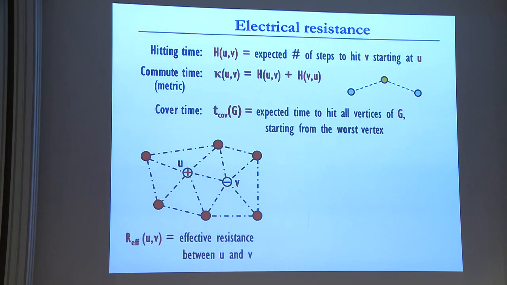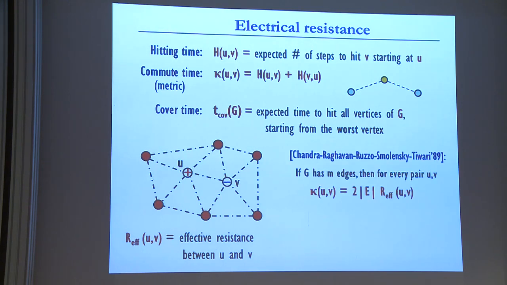Okay, it will be useful in understanding cover times to use the notion of effective resistance. Many of you know that. If you haven't worked with effective resistance, one way to think about it is via the commute time I just defined. This is a commute time identity, first proved by computer scientists, which says that the commute time is twice the number of edges times the effective resistance.